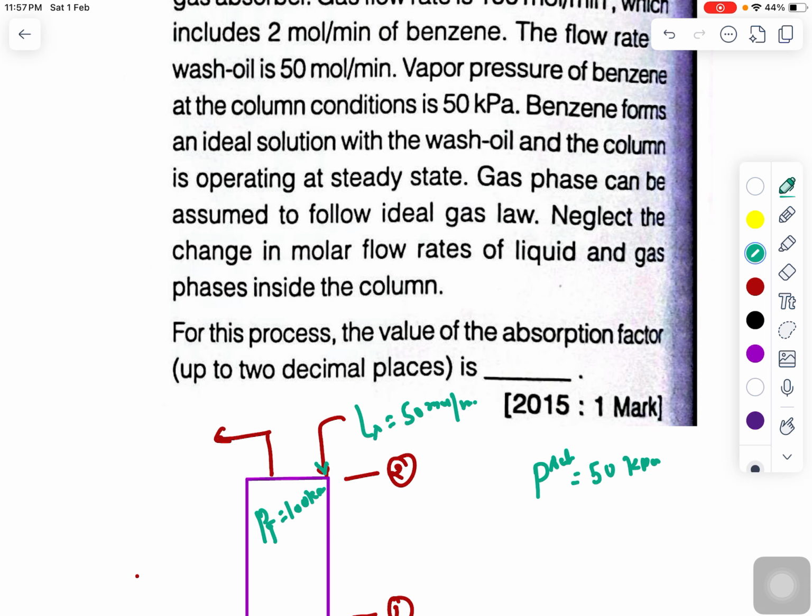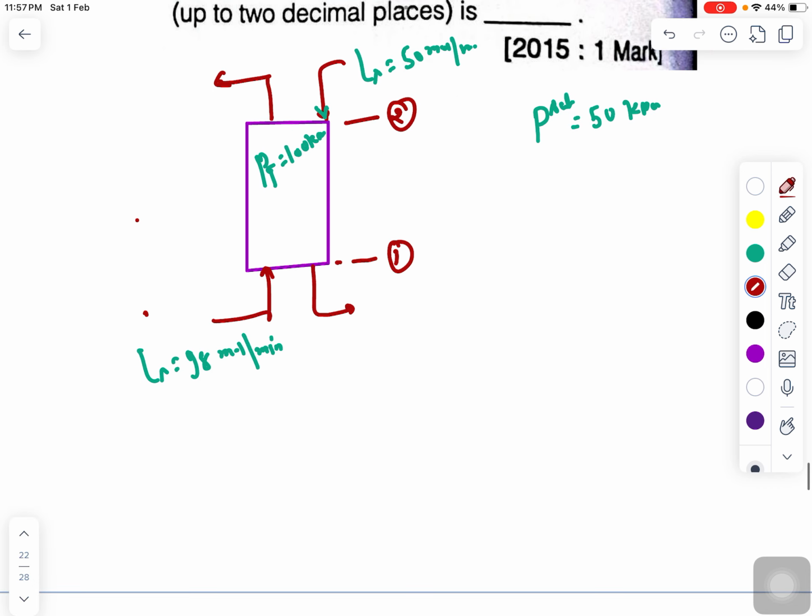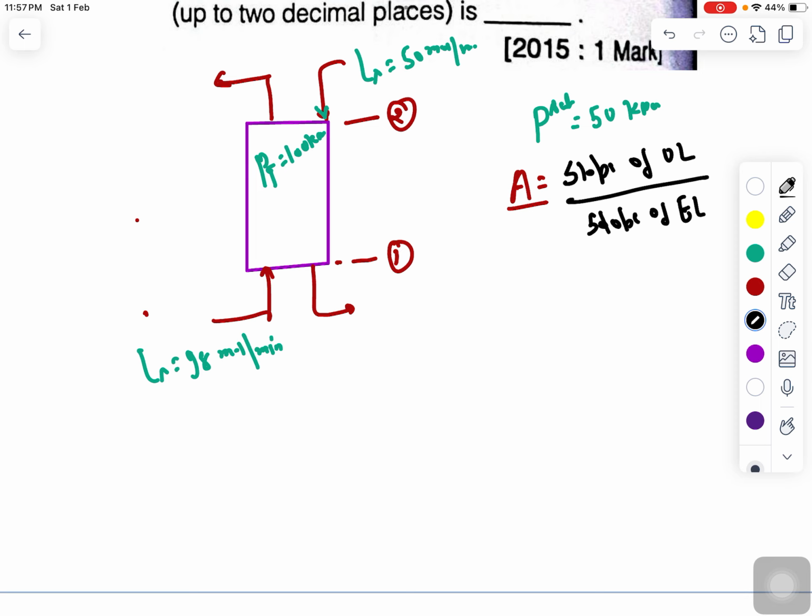For this purpose, you are supposed to calculate the value of absorption factor. Okay, great. So what is absorption factor? Absorption factor is equal to slope of operating line divided by slope of equilibrium line. What is slope of operating line? Slope of operating line is equal to Ls divided by Gs, and you know Ls is 98 and Gs is 50, right?